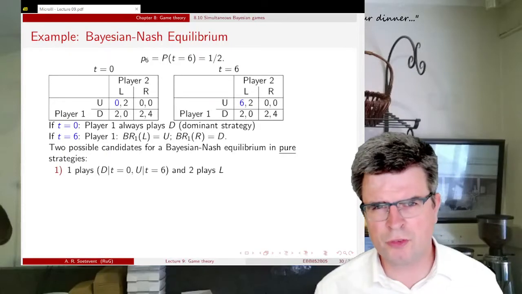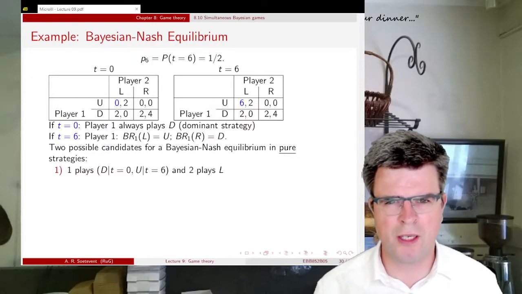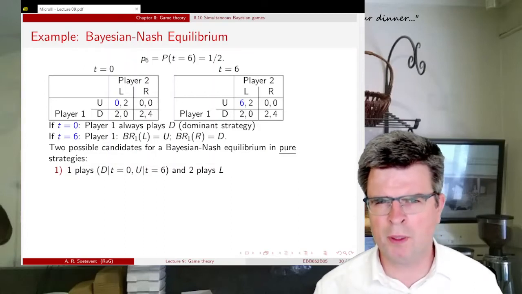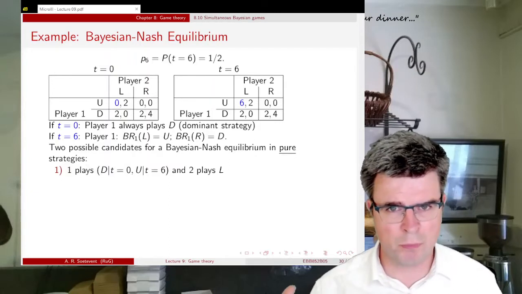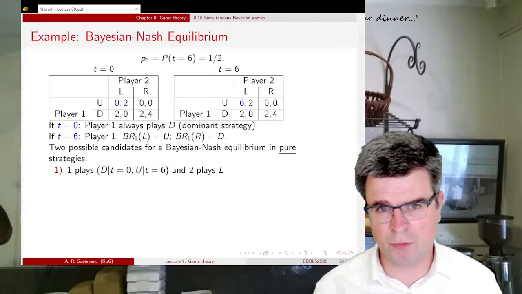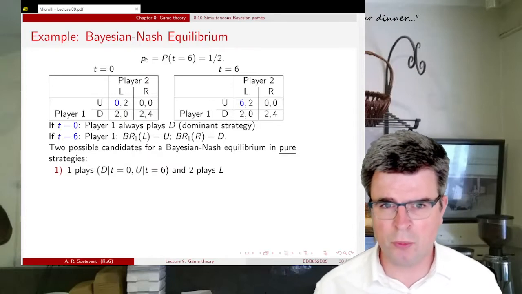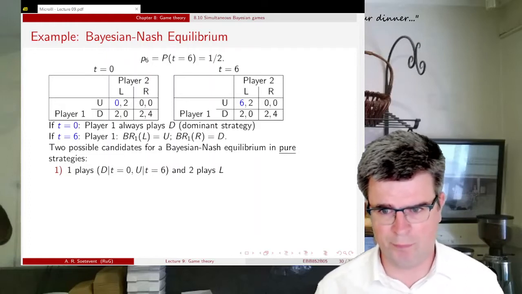This leaves us with 2 possible candidates for Bayesian-Nash equilibrium in pure strategies. And note that I've underlined pure here because we're first going to look at equilibrium strategies where none of the players mixes between actions. So player 1, conditional on his type, will play one action with probability 1, and player 2 in such an equilibrium will also choose an action with probability 1.